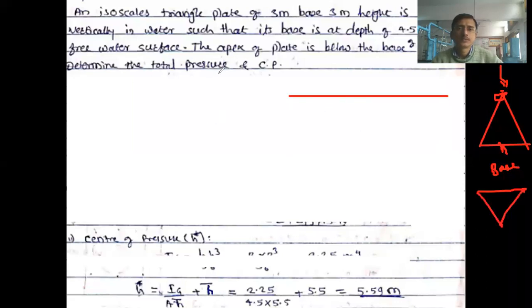Then determine the total pressure and center of pressure. So let us draw the diagram here first. Vertical in water such that its base is at a depth of 4.5 meter from the free liquid surface. The base of this inverted triangle is at a distance from the free liquid surface that is given here.